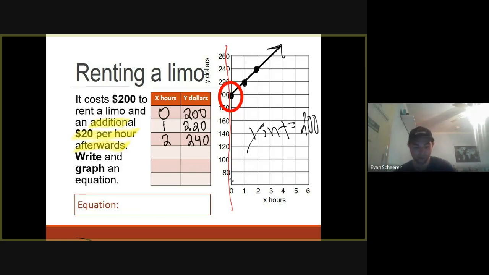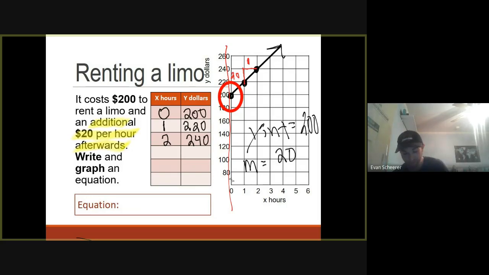Now, let's figure out what our slope is. So our slope, remember, it's rise over run. So we're going from 220 to 240. That's plus 20. And then we're moving from 1 to 2. That's plus 1. That means our slope, we call slope m, m equals rise over run.